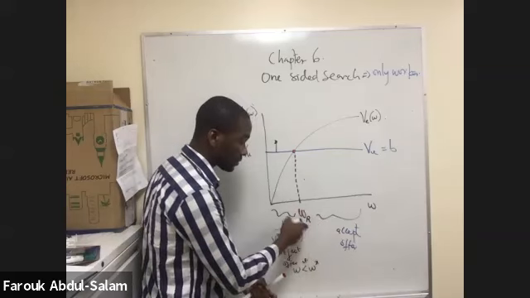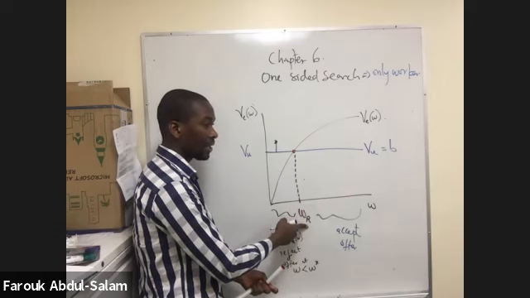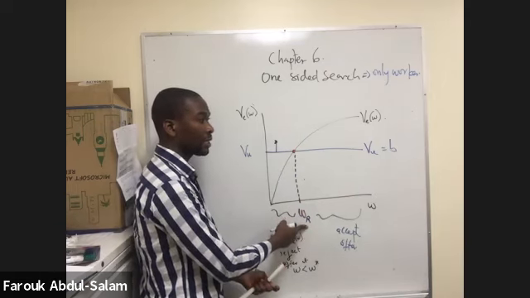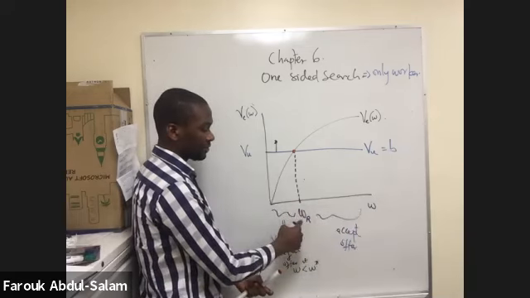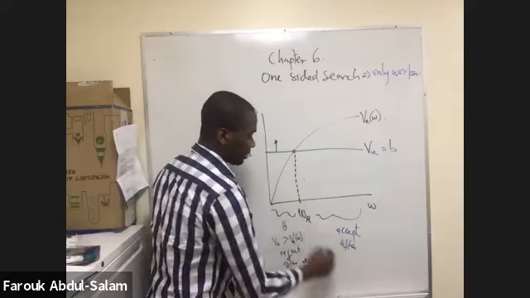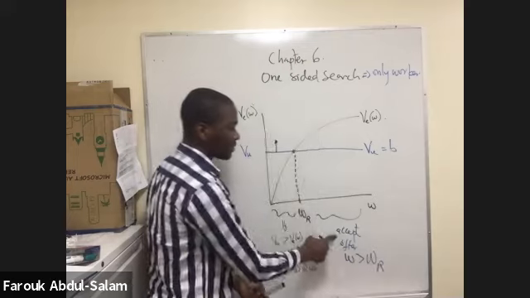Somebody else asked, so if W star is greater than WR, someone will take any job offer? Let's label this WR, because this is our reservation wage. Reservation wage implies the point where you are indifferent between working and not working. Whenever your W is greater than your reservation wage, which is every point here, you accept the offer.